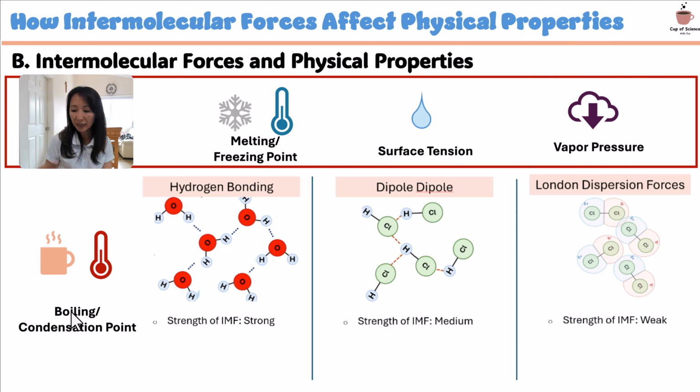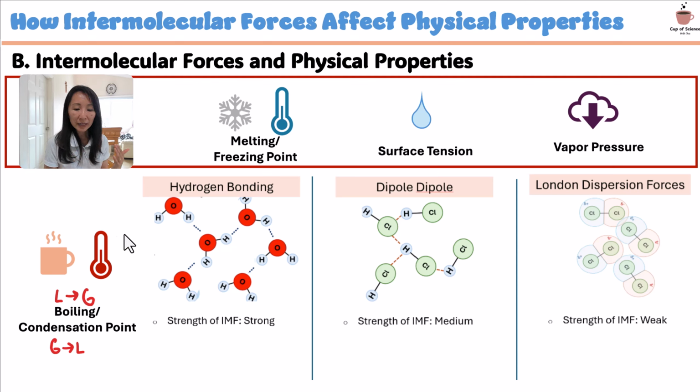Boiling point is going from liquid to gas, and condensation is going from gas to liquid. Whether something is boiling or being cooled so that it becomes a liquid, the temperature is going to be the same. So if something boils at 100 degrees, it's going to be the same 100 degrees when it goes back at the condensation point.